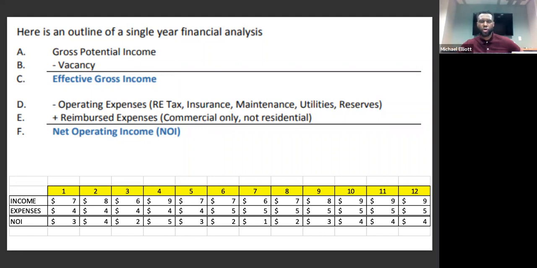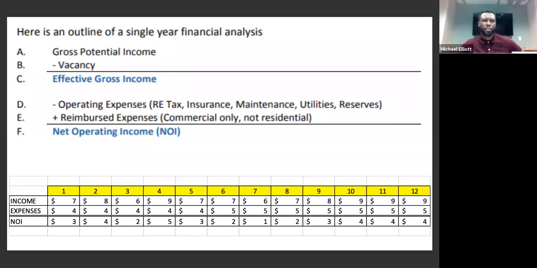For those property owners who have multiple tenants, you always want to account for the possibility that you're not going to be leased up 100% of the time. So make sure you're checking out any kind of industry standards and factor in what percentage of the units you anticipate is going to be vacant at any time of the year. Factor that into your price. After you factor that in, it's going to give you effective gross income, kind of what to expect, accounting for the vacancies in the property.